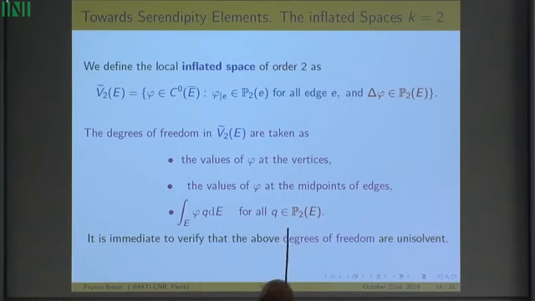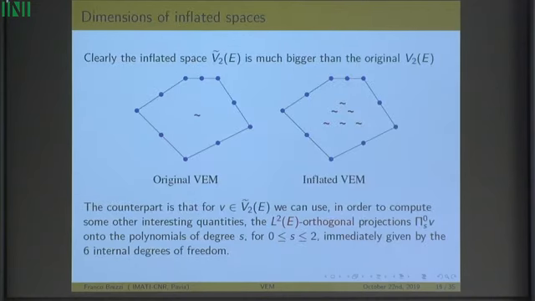So in a sense, I like it when I have to do computations, but it's very expensive. This is the dimension: you have 6 degrees of freedom, and you have to do something.